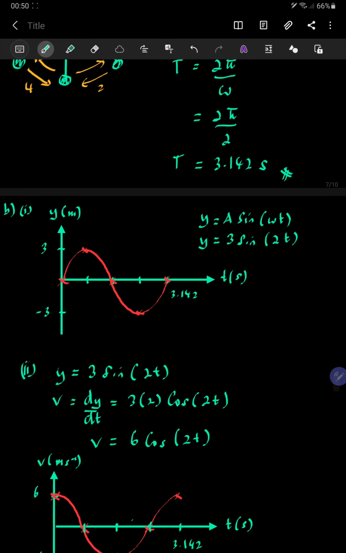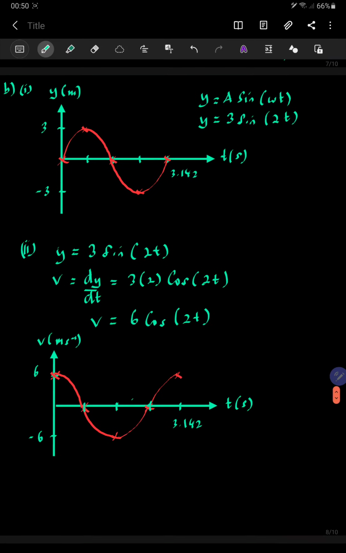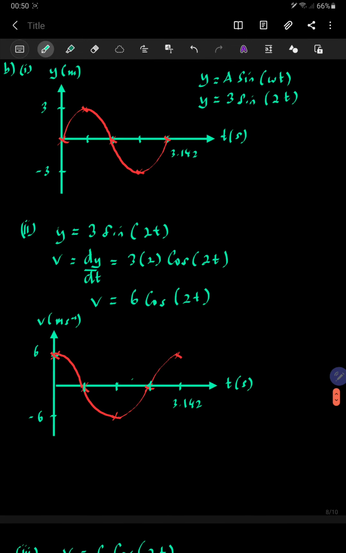Alright, and then for the speed, as we know, we need to differentiate the equation. So v equals dy over dt. For the first differentiation of y with respect to t, you will get 3 times 2, sine of 2t giving you cos 2t. 3 times 2 giving you 6 cos 2t. So this is the equation of v, which is equal to 6 cos 2t, and the graph is purely cos.